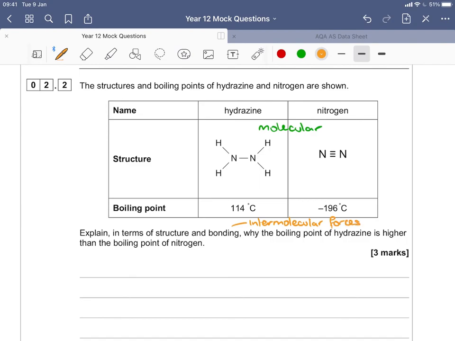So there has clearly got to be a difference in the intermolecular forces between when it's hydrazine and when it's nitrogen, because we have a very large difference in boiling point, over 300 degrees Celsius. That's a significant difference. So the thing to do is to consider what intermolecular forces are relevant for each one. Now there are three intermolecular forces. So put IMF. So there are three possibilities.